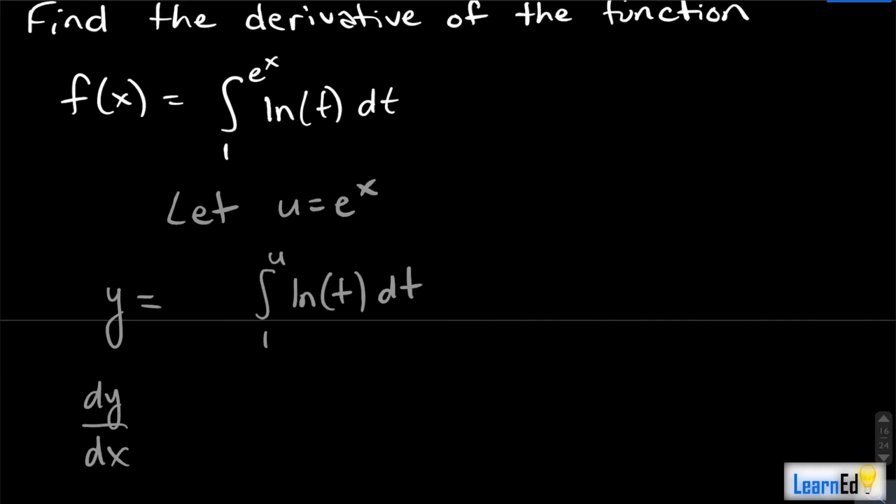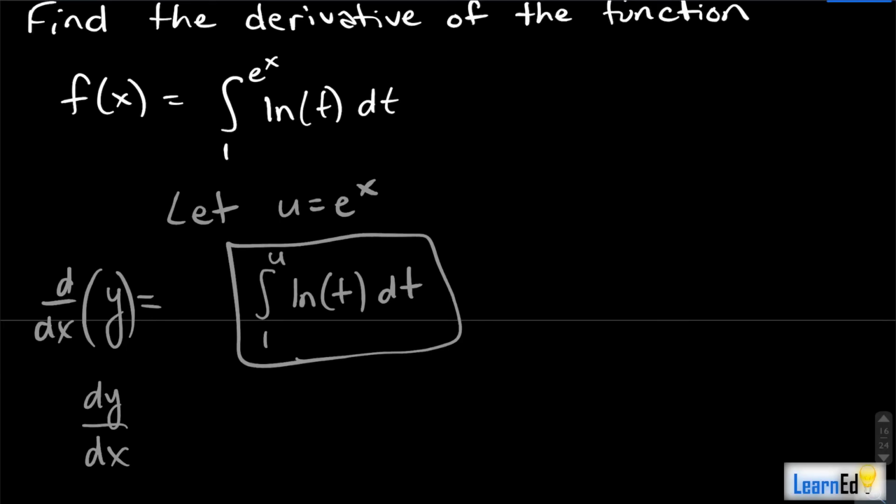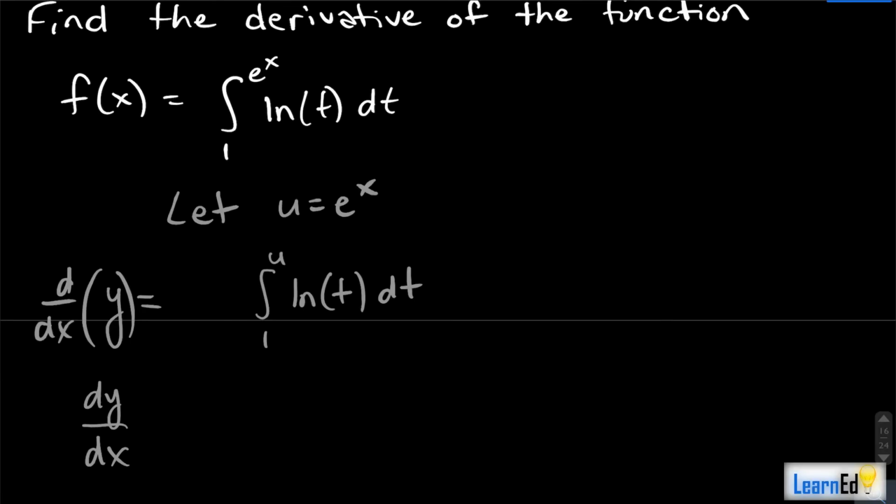Now, we take a derivative with respect to x of y, right? That's how we get dy dx. But now we have to figure out how this works on the right-hand side. And to do that, we set up a chain rule. And chain rule, I can express it with a formula before we actually end up doing anything. This comes about because what you end up having is a dy over du.